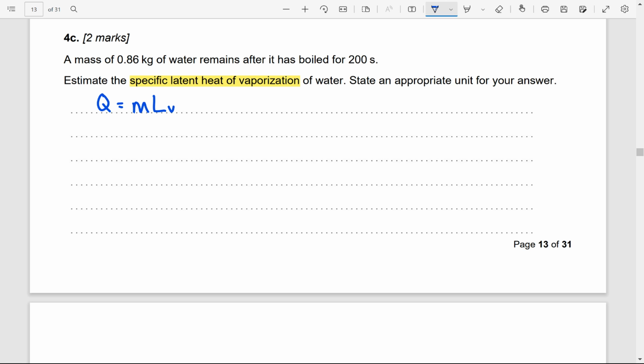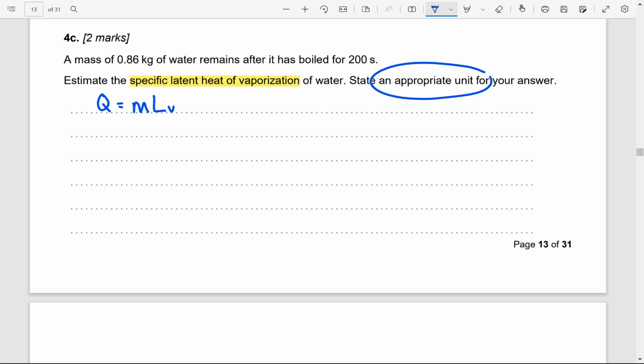Fusion is for melting or freezing, and then V is for evaporation or condensing. So we're asking for L and a unit. So it doesn't always matter if you put a unit for your answer, but for this one it does. So I would be expecting you not to gain the answer mark if you don't put the correct unit.